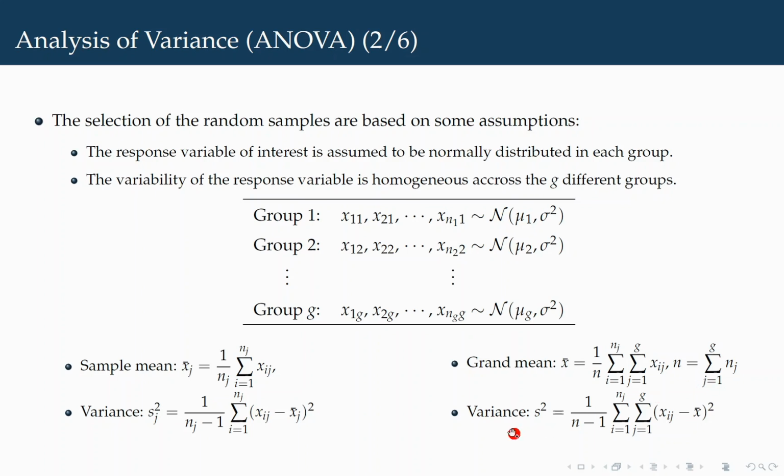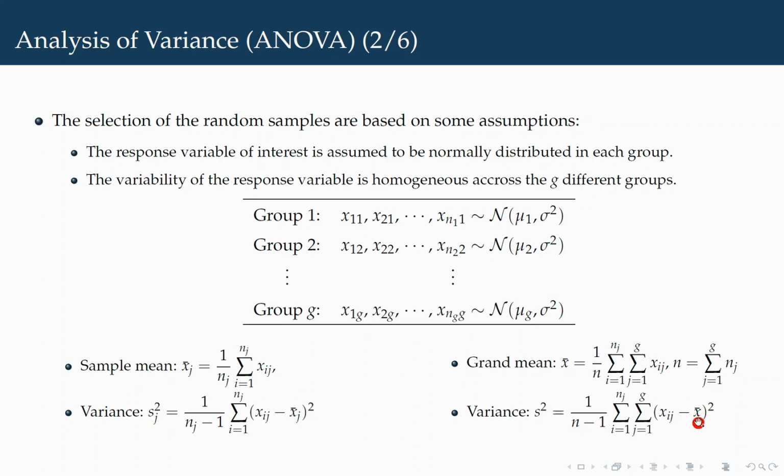Similarly, we can also determine the overall variance across the G different groups as the sample variance of all the groups. S square equals 1 over the total number of observations minus 1 times the sum of the deviation of each value taken from the overall mean.